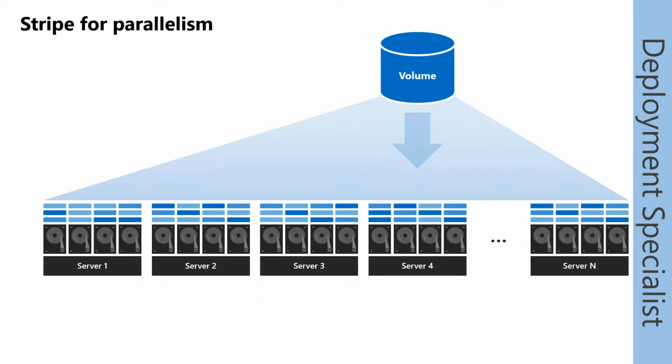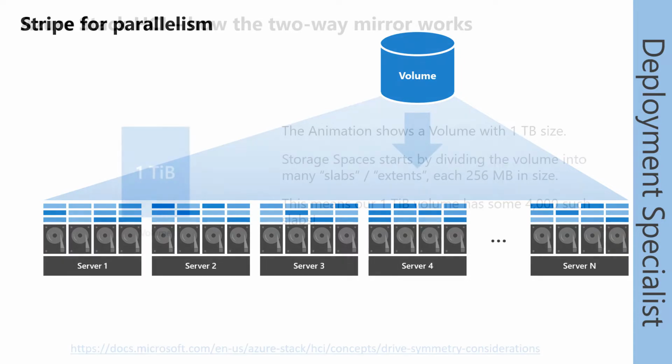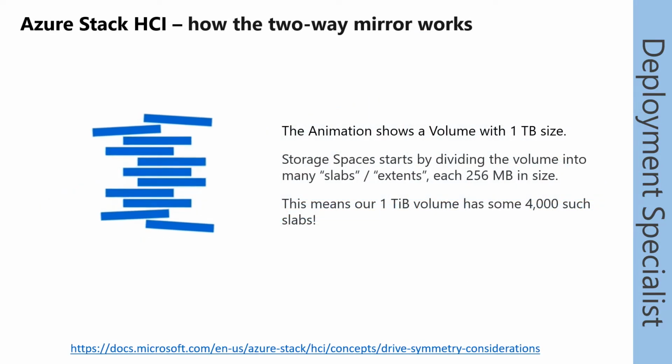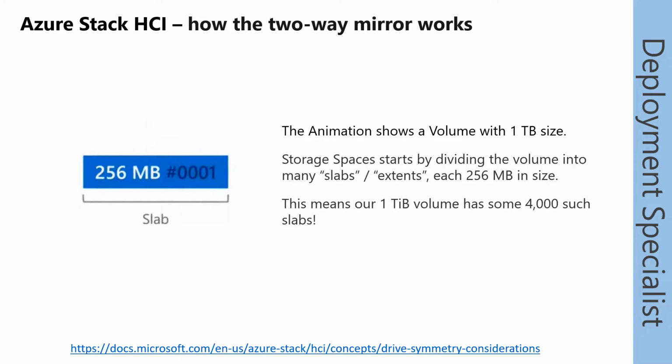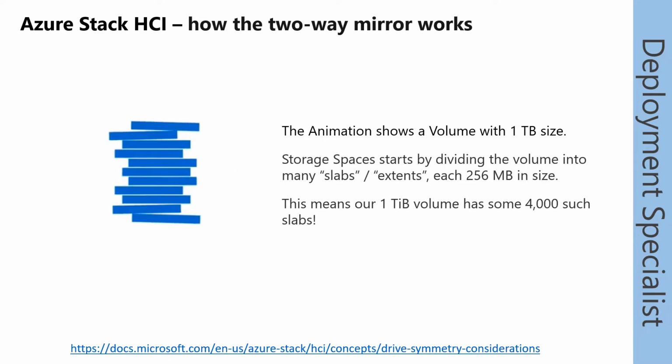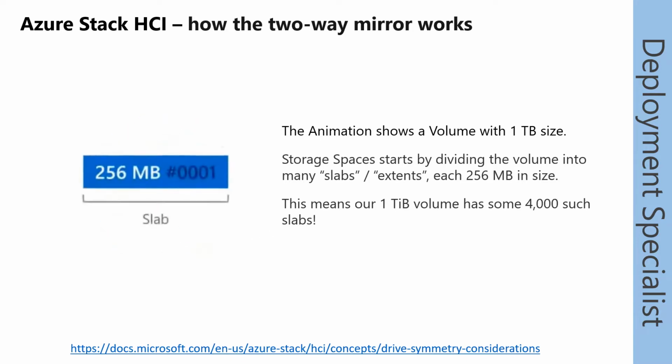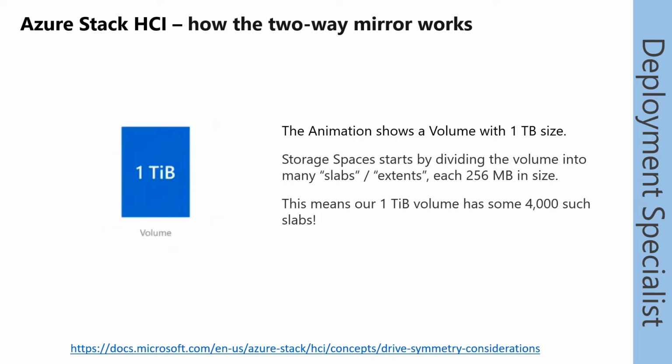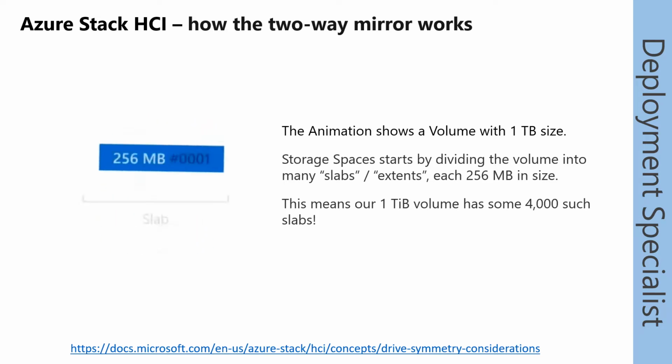To have this parallelism and to be able to build the redundancy across the servers, Storage Spaces Direct writes the data, when we create a volume, in slabs or extents with a size of 256 megabytes each. So what we see here is the process that happens when we create a volume.